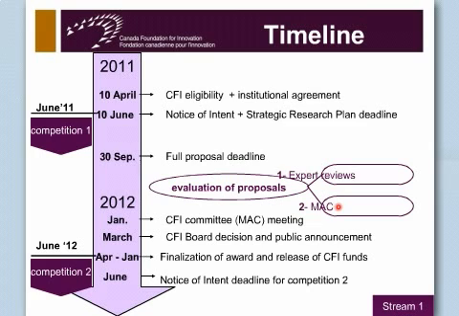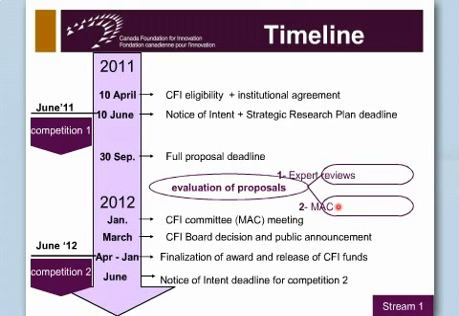Okay, so if I go back to the finalization of the award, this period of 9 months that we give you is mostly to be able to secure your financial contributions from your other funding partners. It also means that you will be asked to update the price of the items that you want to purchase.